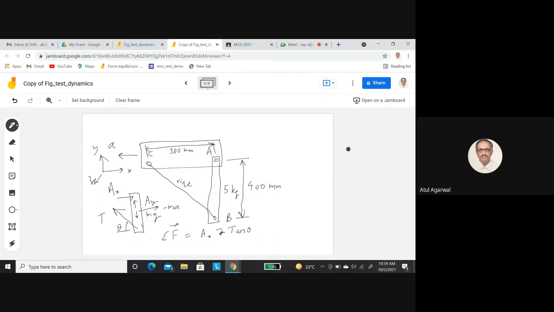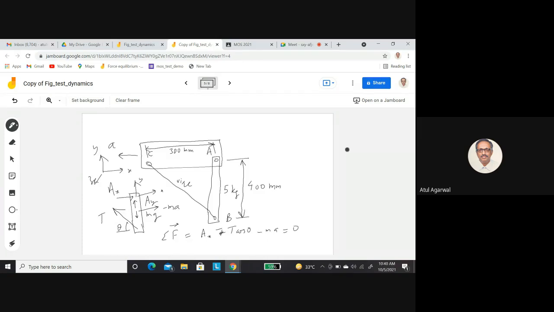Or you assume your coordinate system is moving along with the point A. You fix the coordinate system here. So what will happen? You have to add a force minus m a equal to 0, or you could have done just Ax minus t cos theta is equal to m a. There is no other force.